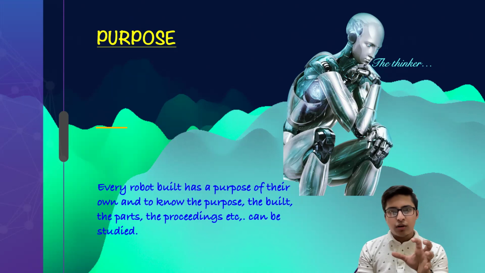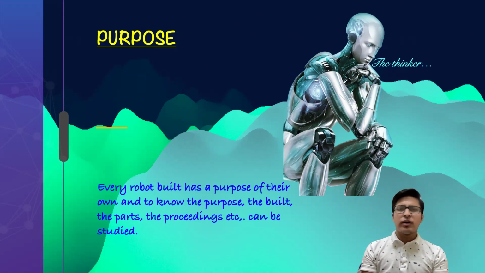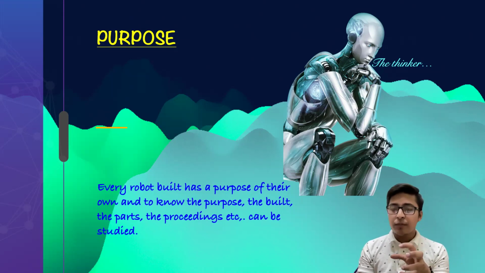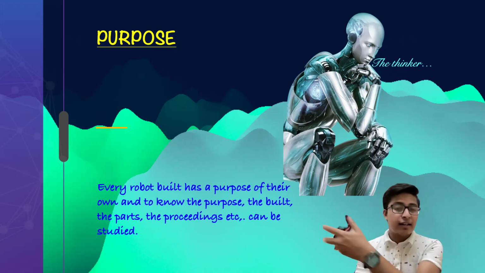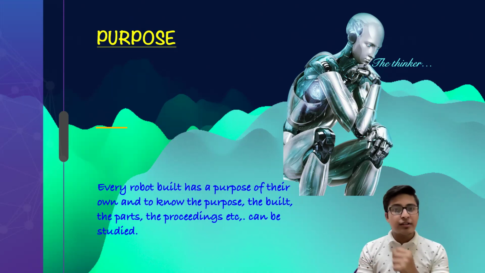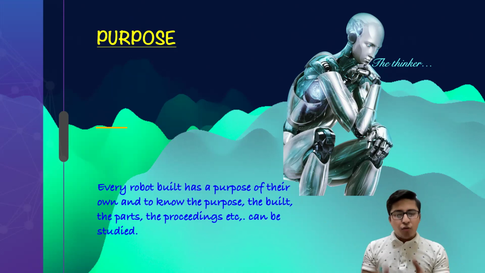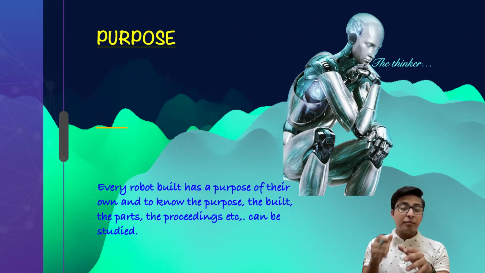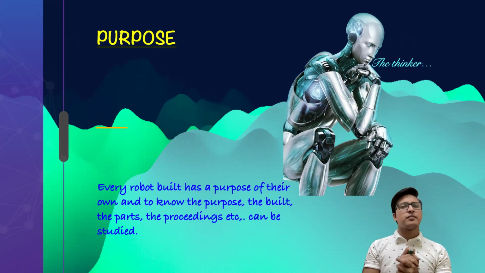Why not build a robot who can go into the sewer system and clean it, or fix any clogging that has happened? Why not build a robot to fight fire hazards, forest fires, some bad incidents or accidents that might have happened? Wherever there is a chance of a human being getting harmed, why not associate a robot with that? So that is the basic purpose. That is the sole purpose, right?